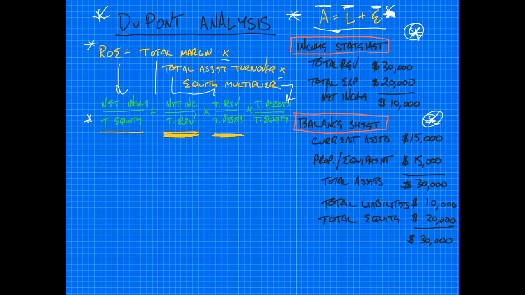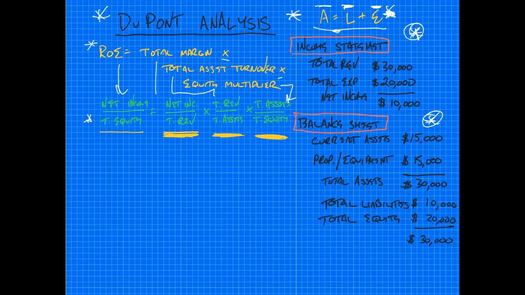And then the last one is what we're going to call an equity multiplier. The best way to think of this is how leveraged is your organization? Now, you probably heard the term leveraged or highly leveraged, on the news or even in movies, especially about Wall Street, about leveraged buyouts.